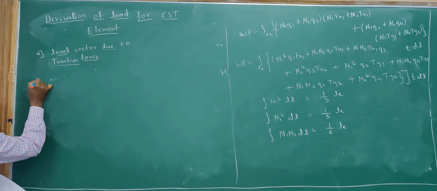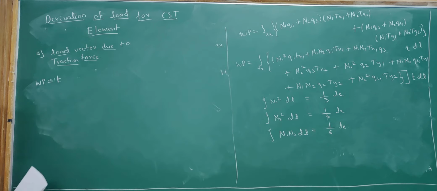So the work potential will be getting T, which is a common term there.